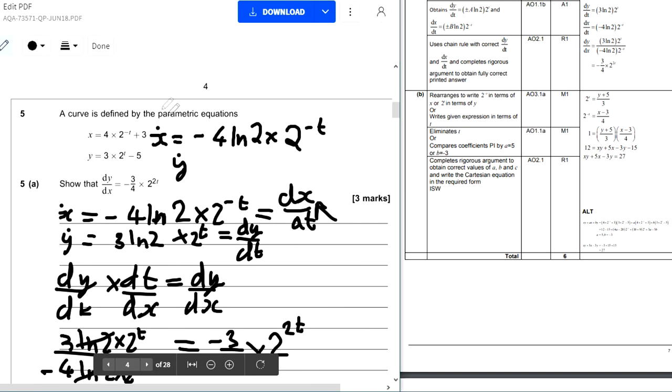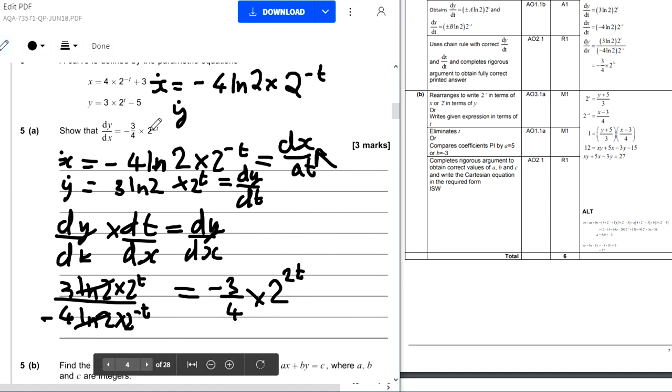So we've got to actually look at these parametric equations and try to eliminate t, because we want it in terms of just x and y. If I look at this, the only common thing is 2 to the t. So I'm just going to rewrite these a little bit.